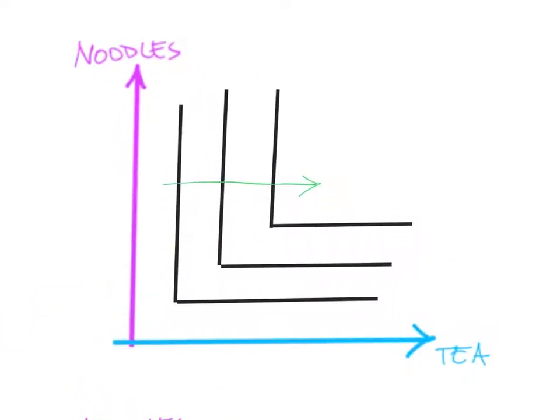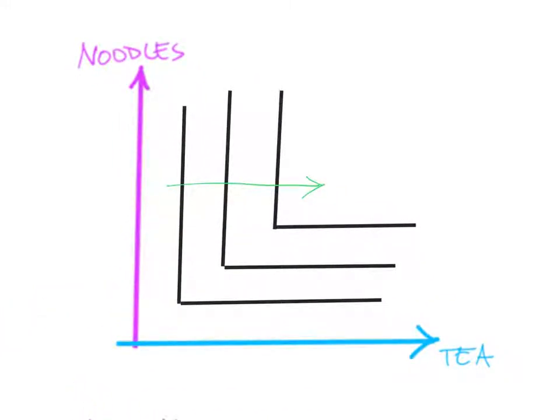Let's look at this one. A little different. What can you say about this person's preferences between noodles and tea? This is more complicated. So if you want to, we can put some units on here. Maybe that will help. Let's say this is 5. That's 5.